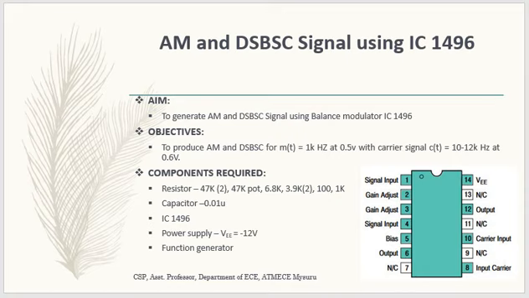This experiment, amplitude modulation and DSB-SC signal modulation, is going to be carried out using the IC 1496. Here is the pin configuration of the IC 1496, which has 14 pins, where 7, 11, 9 are no connections, pin 12 is an output pin, the 10th pin is carrier input, and pin 8 is the input carrier.